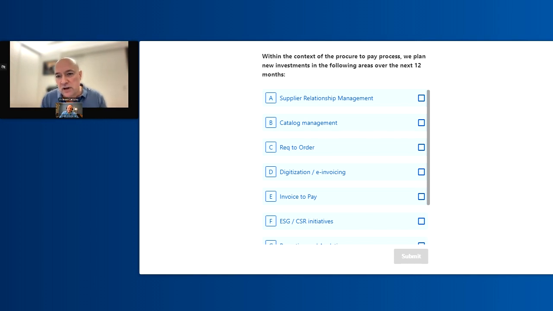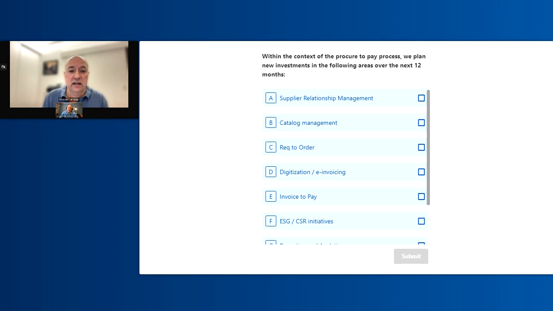So for the North American audience, they might not see a lot of compliance becoming a priority. But for a lot of the larger companies in the rest of the world, South America, Europe, Asia, compliance is really pretty huge.